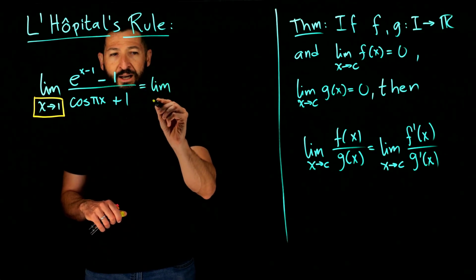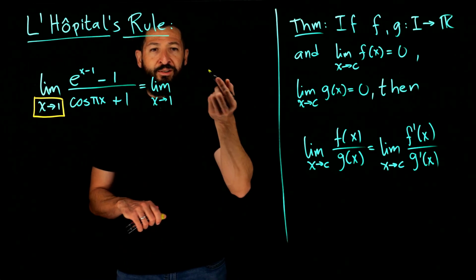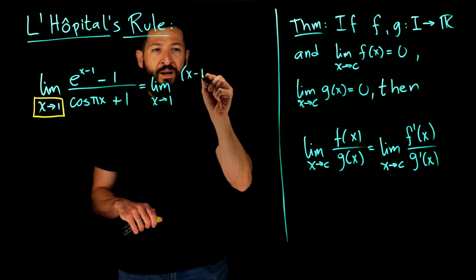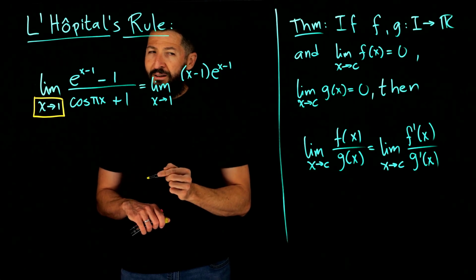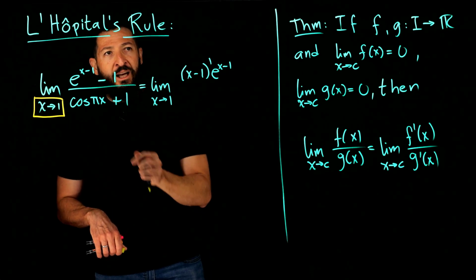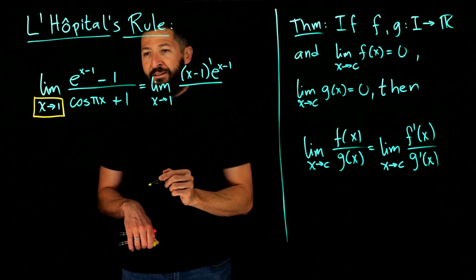And you say, well, how is that going to help? Well, often it is the case that when you take the derivative, so here you're going to be taking the derivative of your exponential, which is e to the x minus 1, and the derivative of x minus 1 is 1. The derivative of the exponential is copy the exponential times the derivative of the exponent. That's the chain rule.